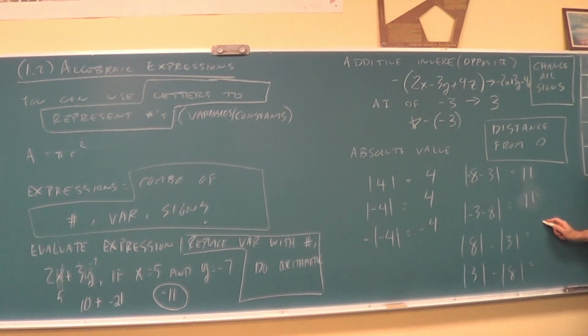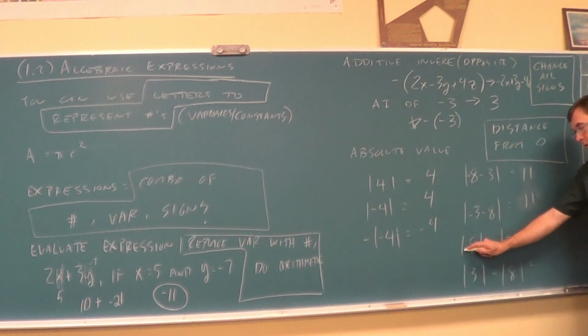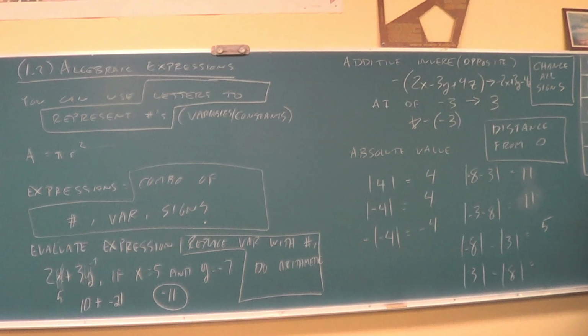This one, 5. The bars take effect, and this 8 is really 8. And the 3 is 3. And then you subtract last because the bars weren't involved in the swallowing up the subtracting. That's just going to be 5. If I make this change, do I need my eraser?